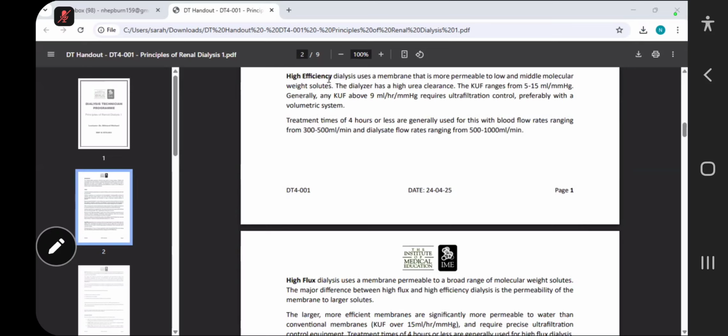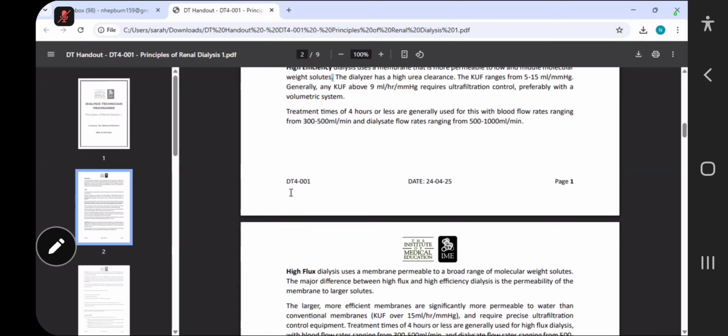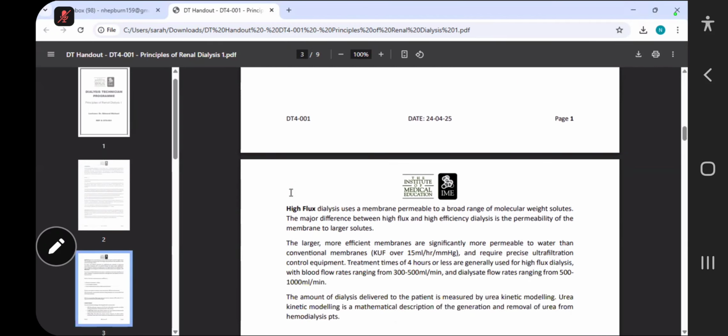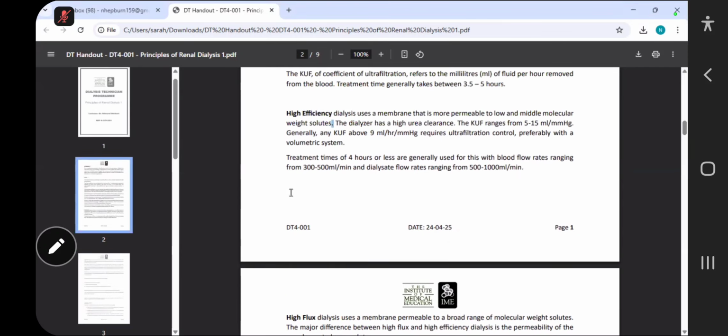So that would be an answer to what is high efficiency dialysis. And then you go on to high flux, because it's just the difference you want. What is the difference between high efficiency and high flux?